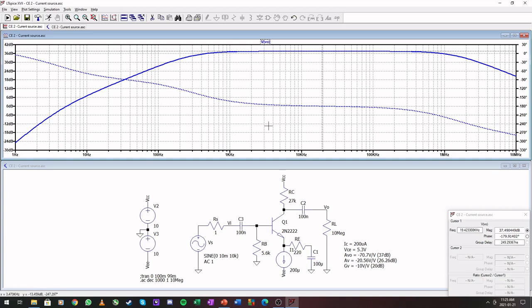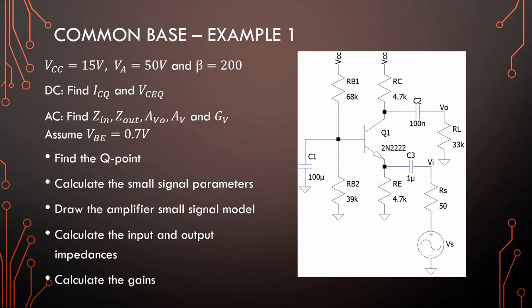There you have it. Let me go back to the presentation so that we can look at the different amplifier configuration. Right, so the common base configuration. This one is more used in high frequency applications.